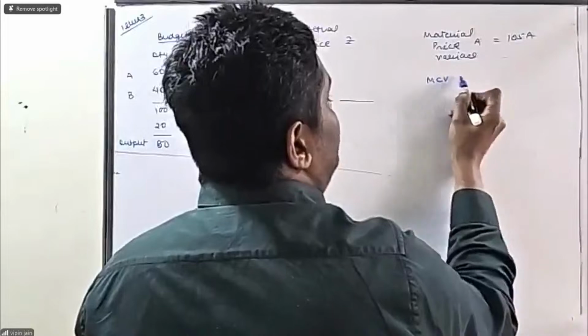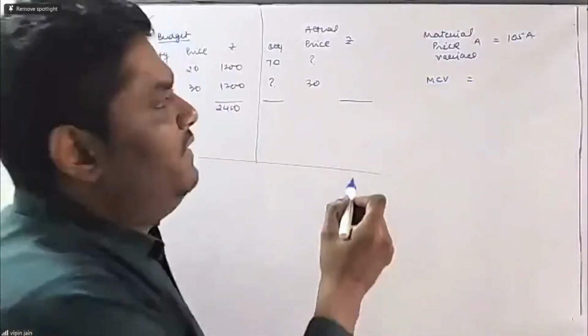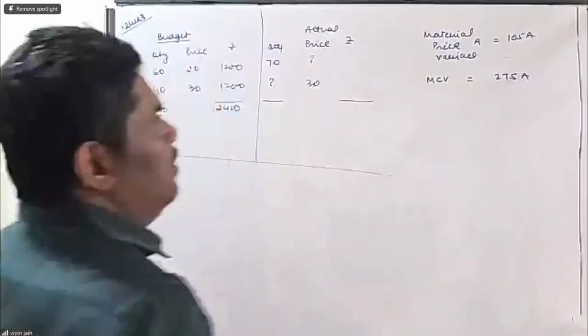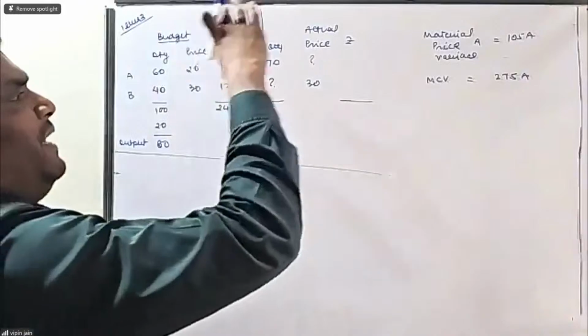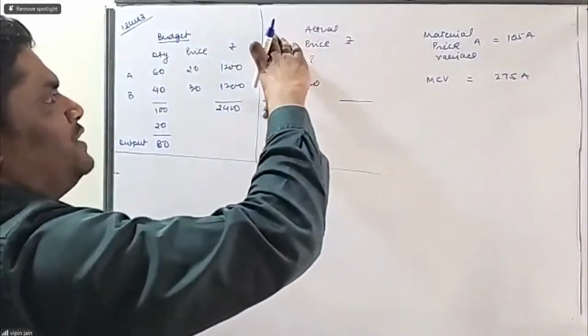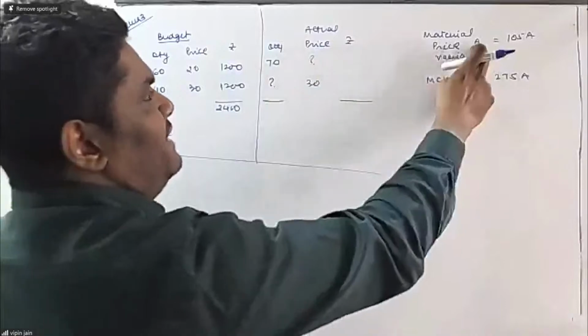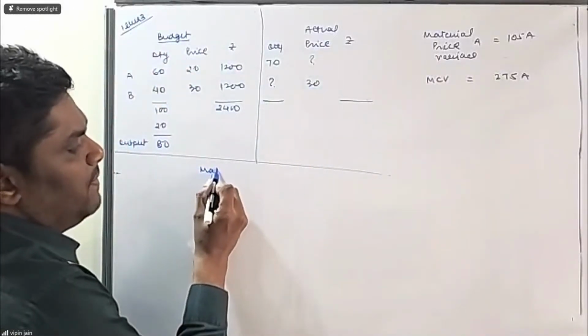And material cost variance, the total cost variance, is given, that is 275 adverse. So when talking about price variance, this much is the actual price into actual quantity. So herein everything is there except this, and this variance is given. So we will start with material price variance.